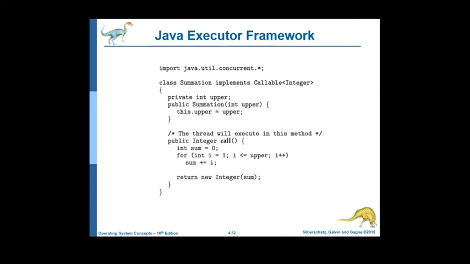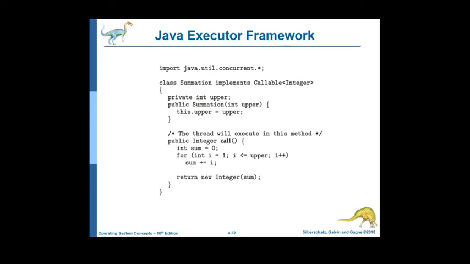To address this need, the java.util.concurrent package additionally defines the Callable interface, which behaves similarly to Runnable, except that a result can be returned.